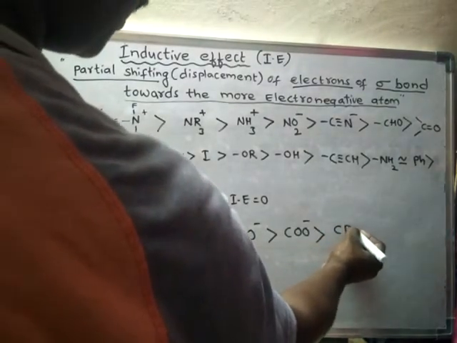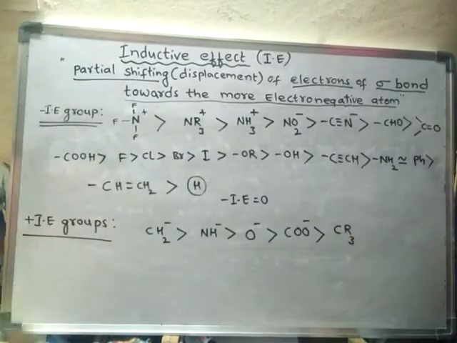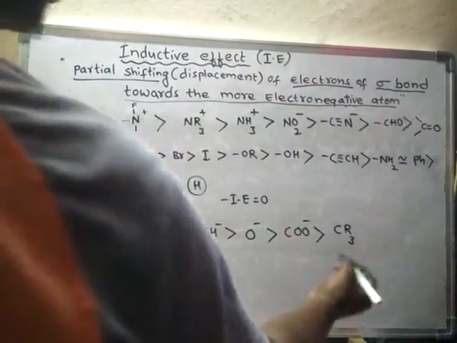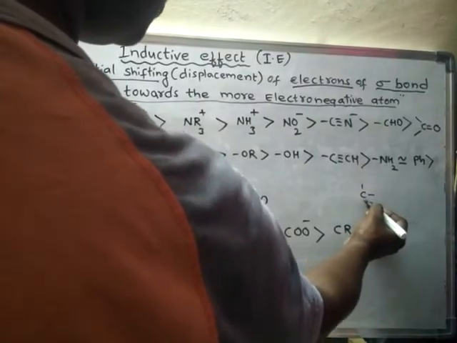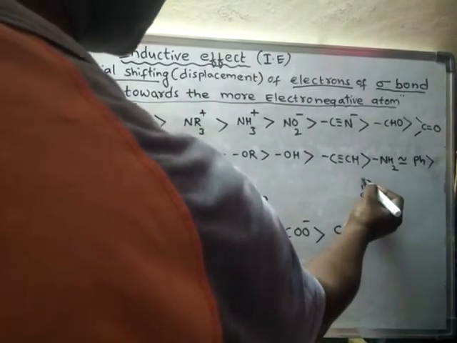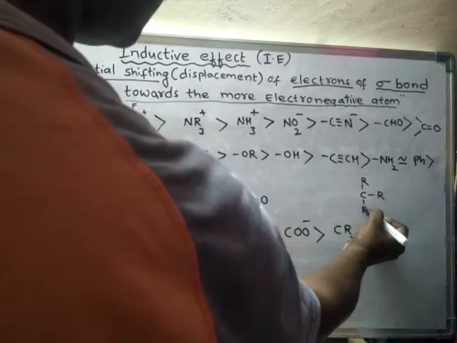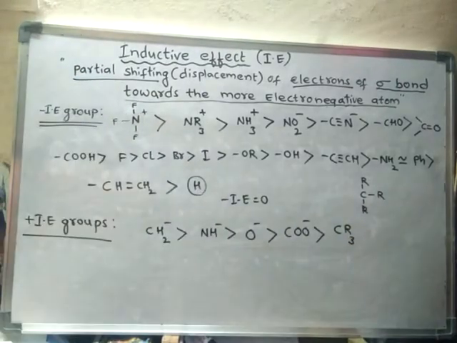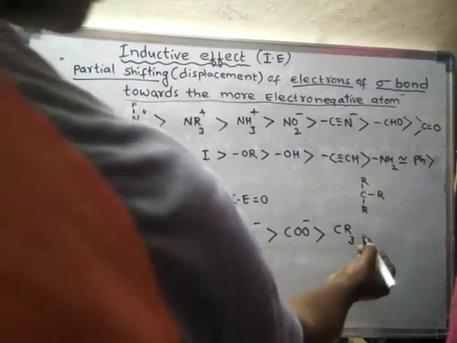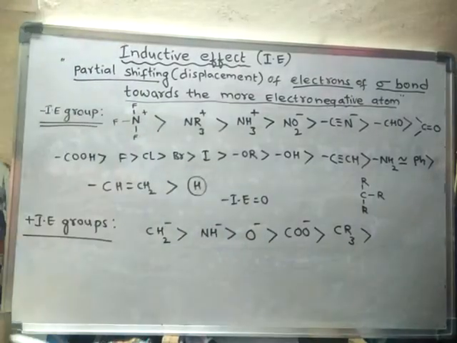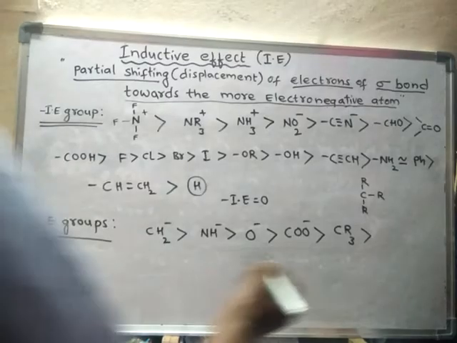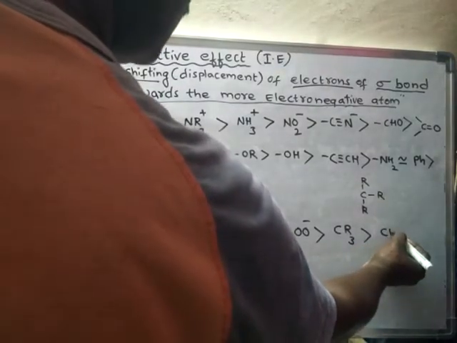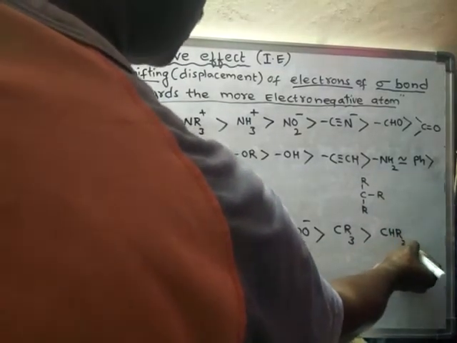Next to it is a tertiary alkyl group. Tertiary means the carbon is attached to three alkyl groups, and it has more plus I nature than secondary alkyl, CHR2.